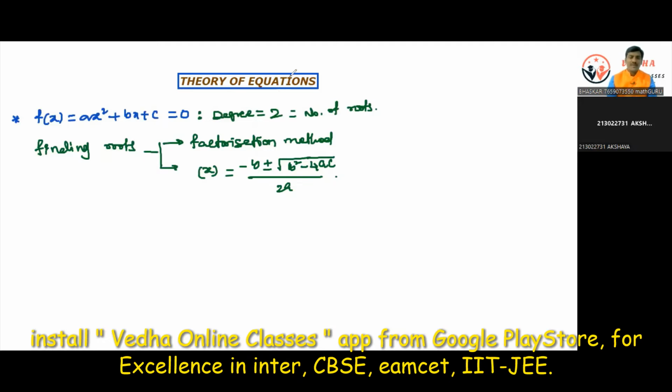Now if we already know the roots, alpha comma beta, then what is the formula for finding the quadratic equation?